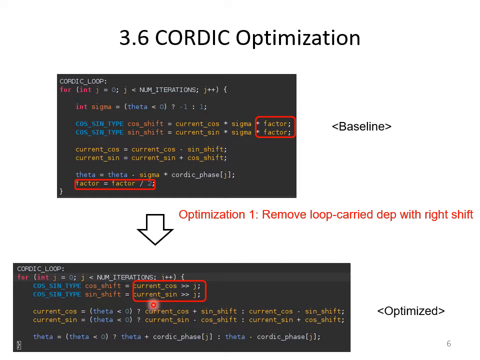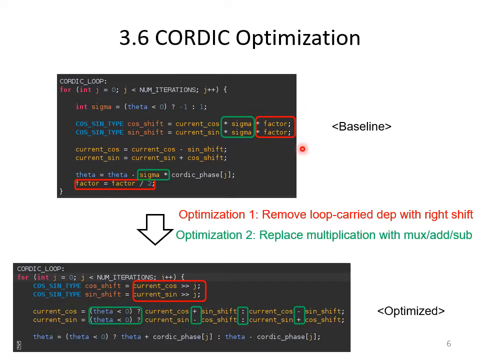Next, let's get rid of the multiplication. We already removed the variable factor, so we only need to get rid of sigma as well. Sigma is either -1 or +1. So depending on the value of data, the variable cosine shift becomes either plus or minus cosine shift, and the variable sine shift becomes either minus or plus sine shift.